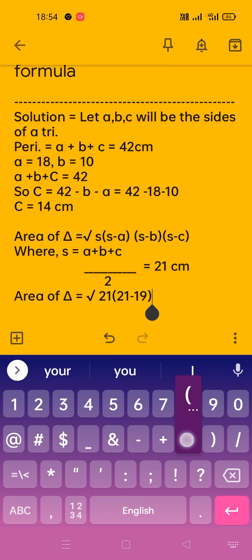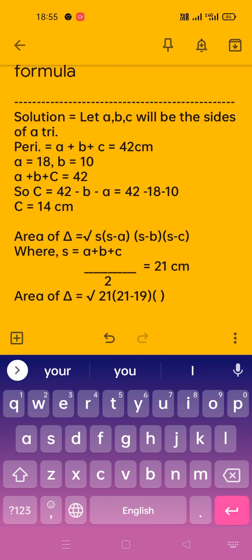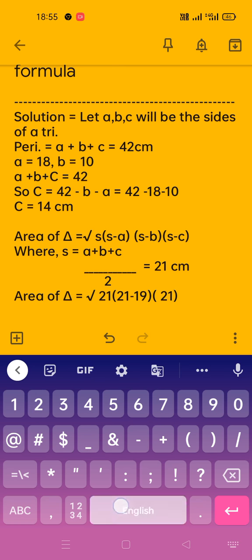Again start the bracket, second is 21 minus, next is what, the first one is 19, right? A is what, 19, A is 18, not 19, it's 18.